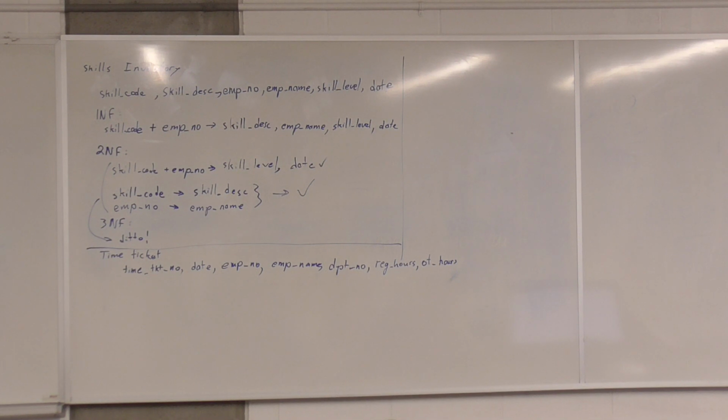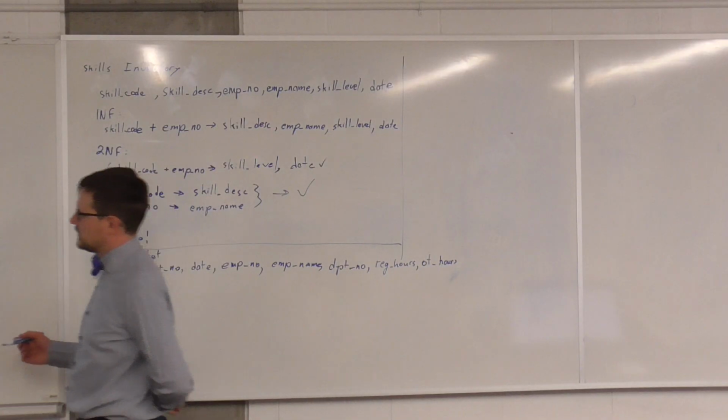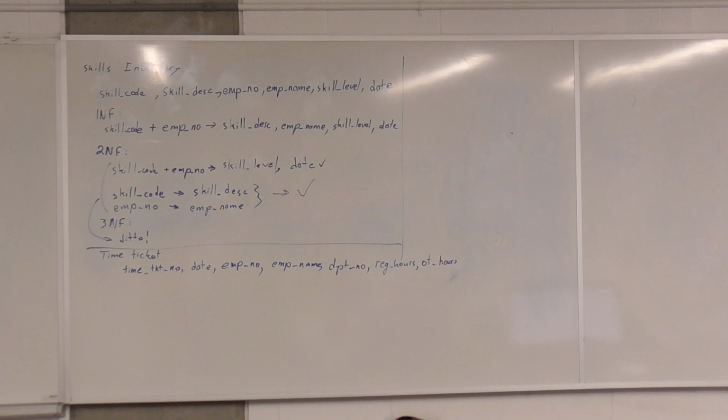I would argue possibly that we have repetition here that would be expanded in the first normal form. So what you would end up with is ticket number as a column, date as a column, employee number, employee name, all as columns in front of these. And then you'd have to do something about these as well.